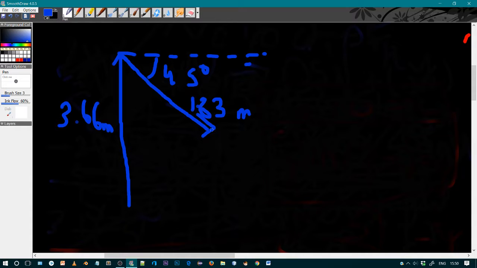The third vector has a magnitude of 0.91 meters. And so basically our aim is to find this resultant vector right here.